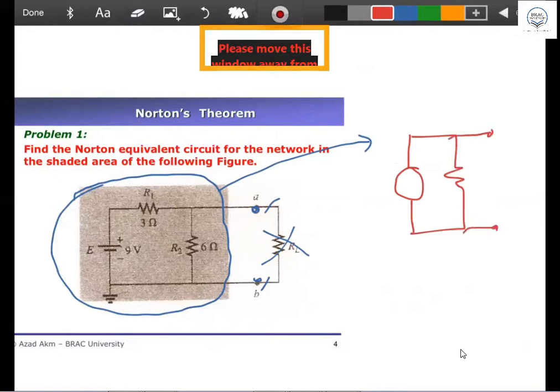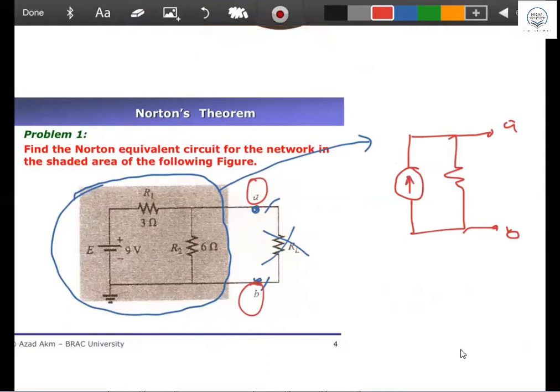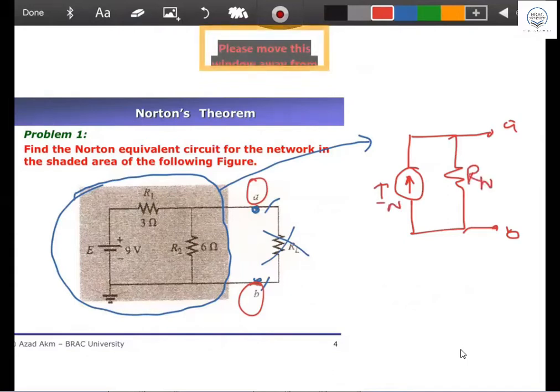So your A and B will be here. This A and this B I'm talking about. Then this will be I Norton, and this will be R Norton. Full stop. Now all you have to do is find the value of R Norton equal to what, and I Norton equal to what.